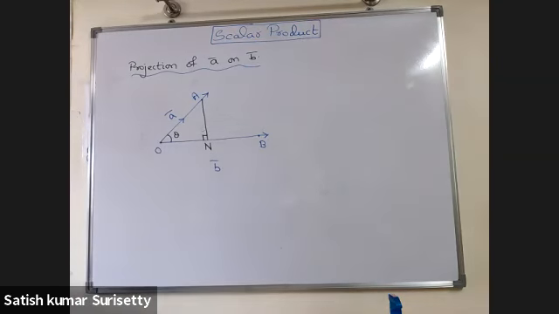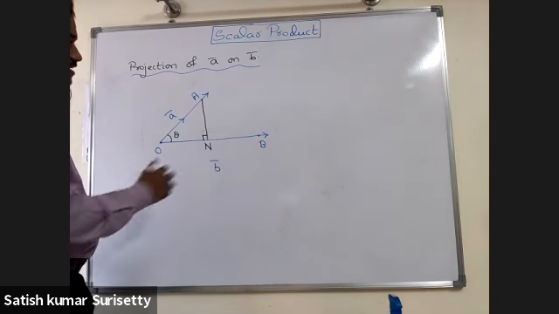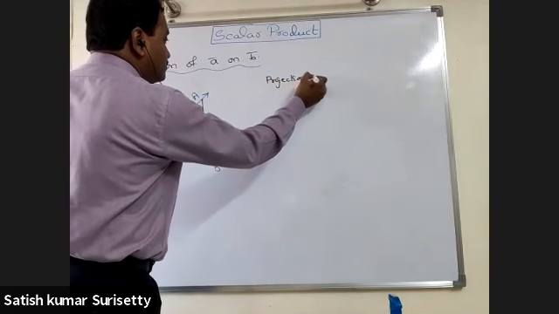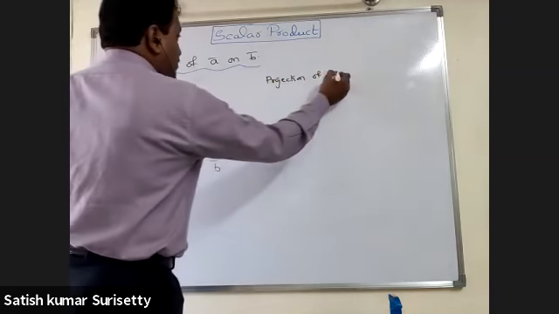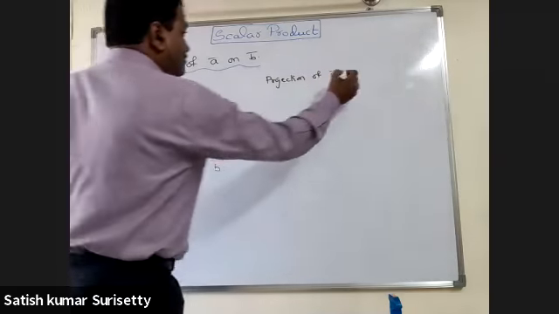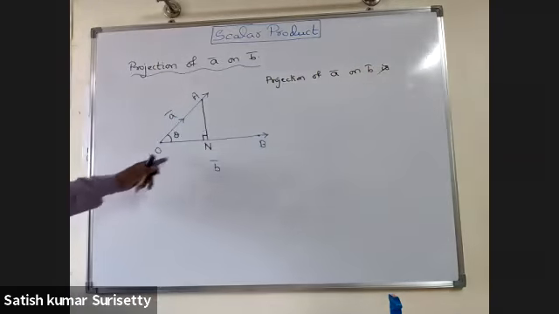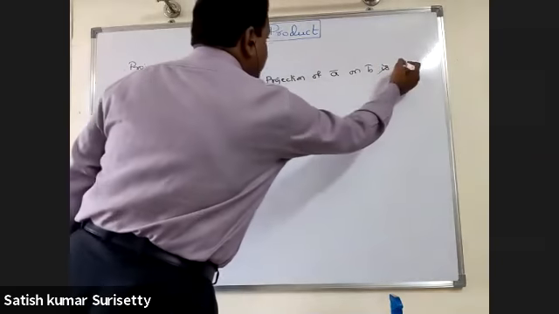Let theta be the angle between A bar and B bar. So here the projection of A bar on B bar is the length of ON.